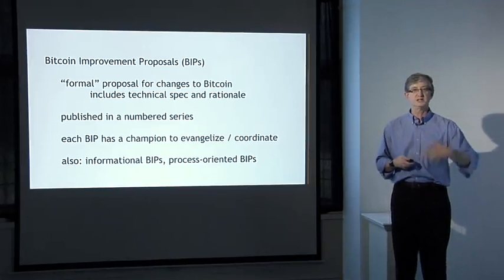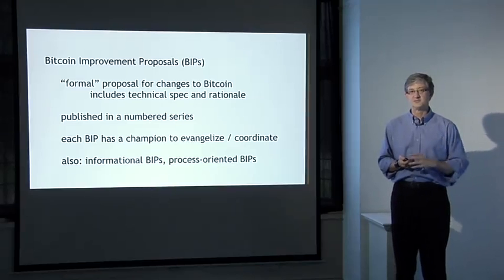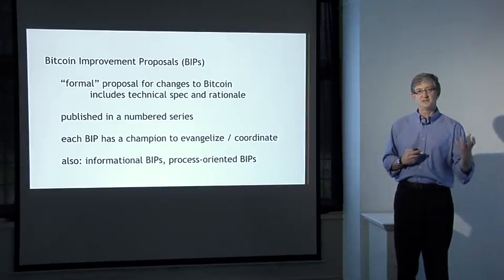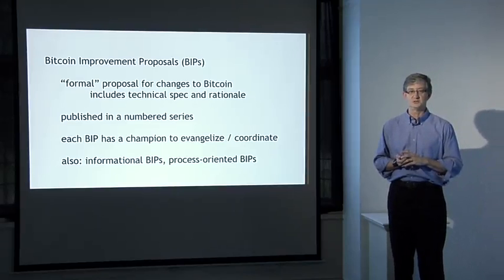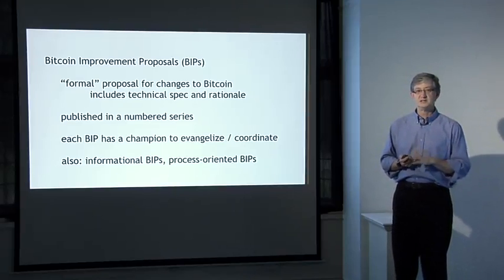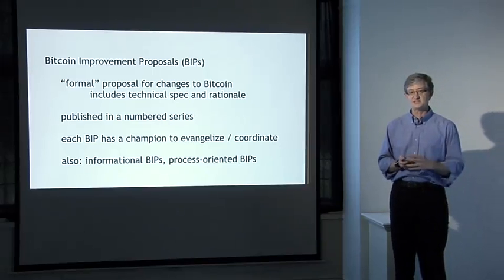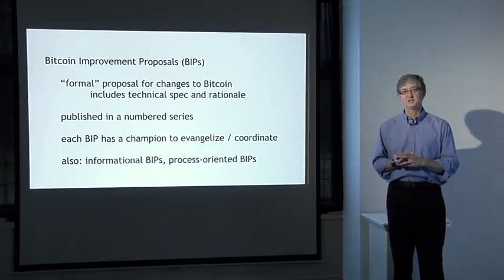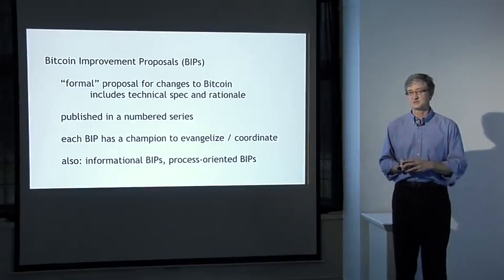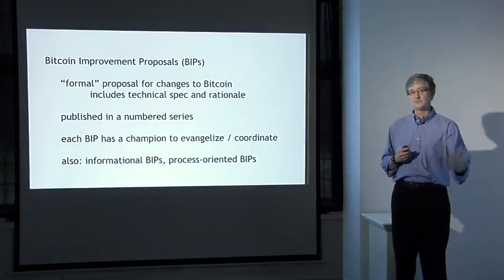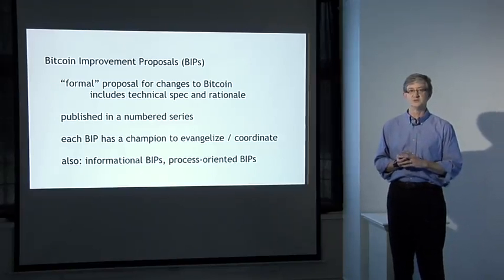You're encouraged to publish it as part of the Bitcoin Improvement Proposal series, and that will then kick off a discussion within the community about what to do. They're published in a numbered series. Each one has a champion, that is sort of an author whose job it is to evangelize in favor of it, to coordinate discussion, and to try to build a consensus within the community in favor of going forward with or implementing a particular proposal.